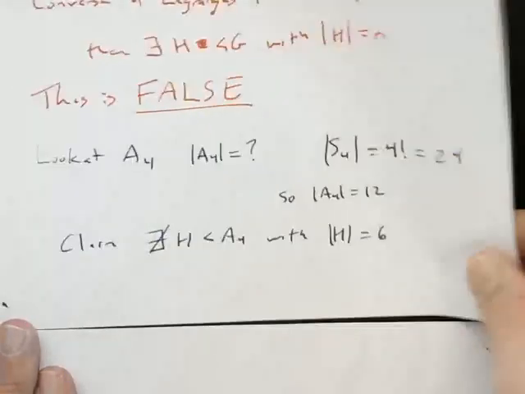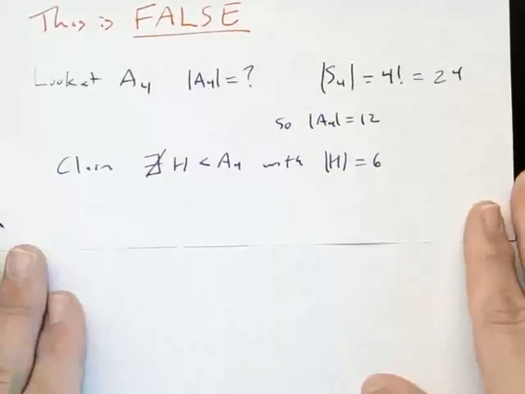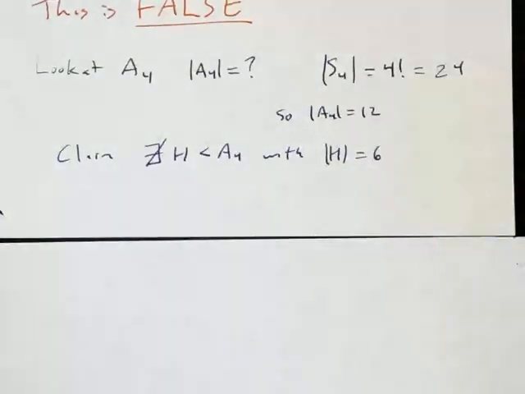Now that's a hell of a claim to make, isn't it? A4's got 12 different things. I need to look at lots of different subsets of size 6 of A4. That's 12 choose 6.